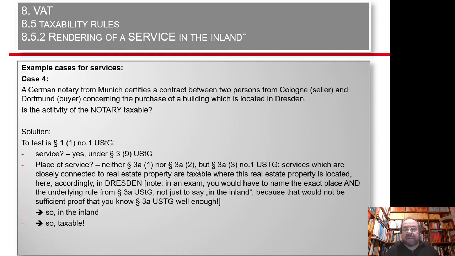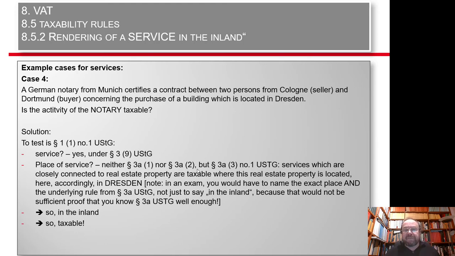So in plain words, if you have a piece of land or a building and the service has to do with that piece of land or building, then the service is always taxable where the piece of land or the building is. So that would be here in Dresden.